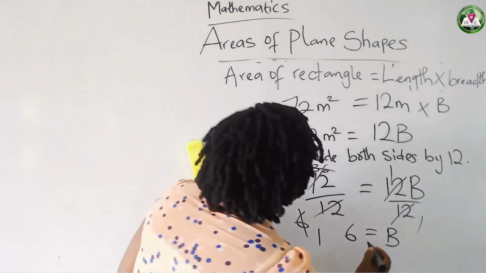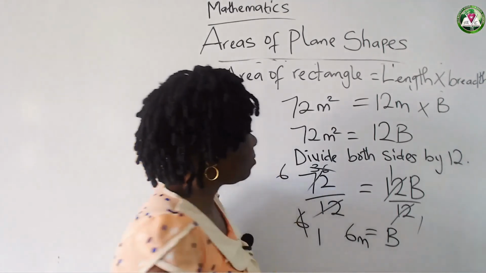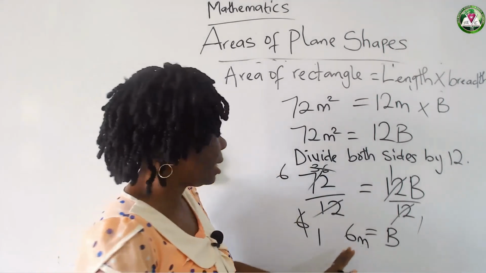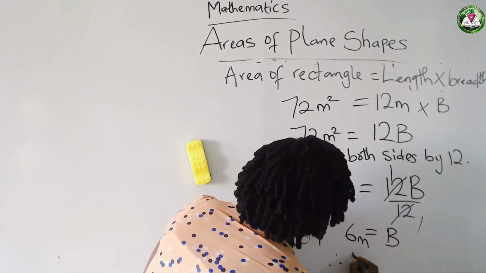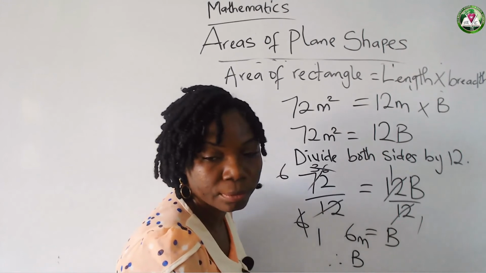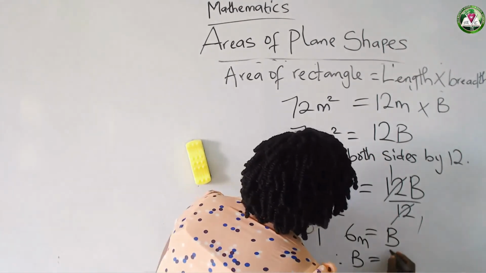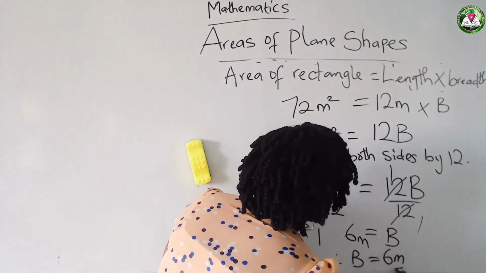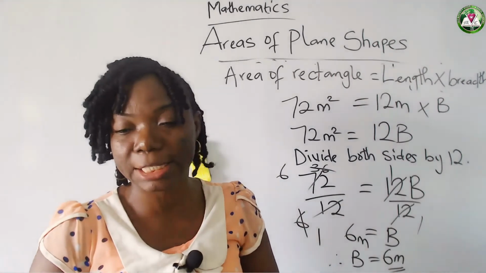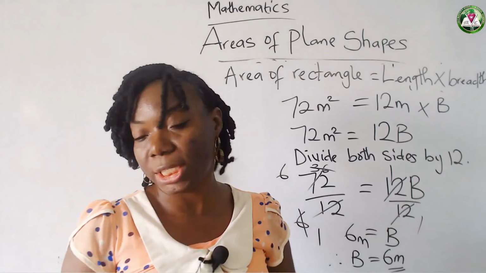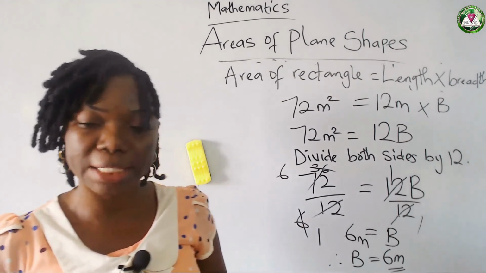It therefore means that B is equal to 6. We can write it as 6 meters. We can write it as 6 is equal to B, or we change it to B is equal to 6 meters. That is the value of B. That is the width of the rectangle.